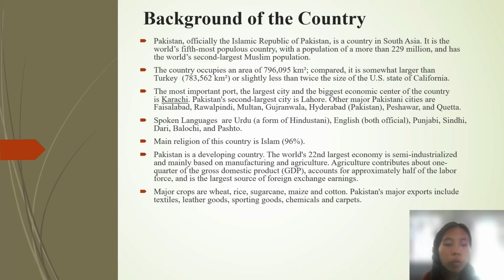Major crops are wheat, rice, sugarcane, maize, and cotton. Pakistan's major exports include textiles, leather goods, sporting goods, chemicals, and carpets.